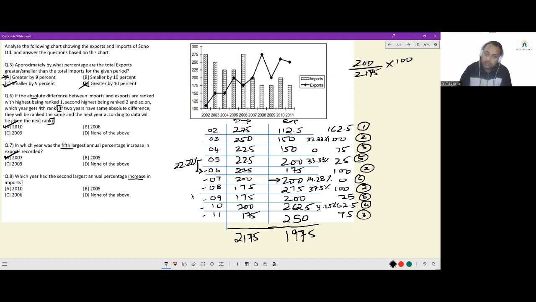Decline, decline, decline, increase 1/7. Here the increase was 14.28% and a decline. So there are only 2 increases happening. The second largest annual increase happened in 2010. So option A, 2010 is the answer. And that will be the entirety of this set.